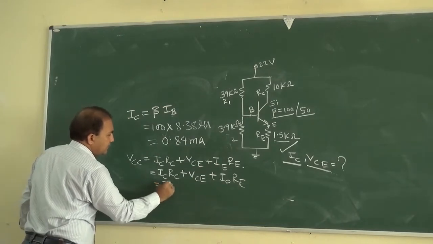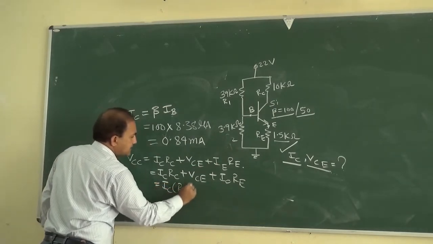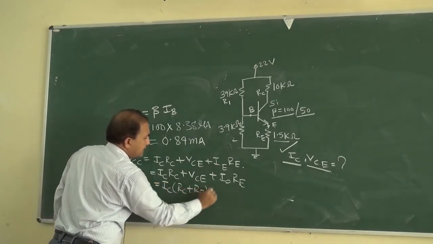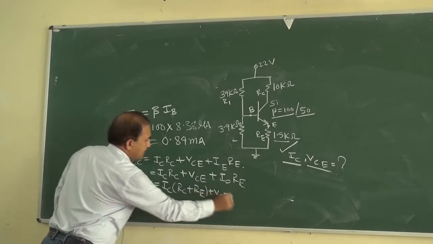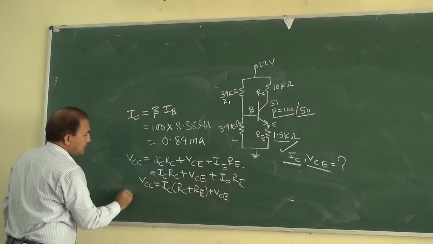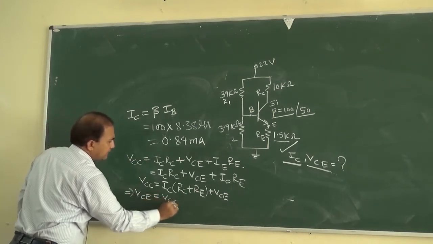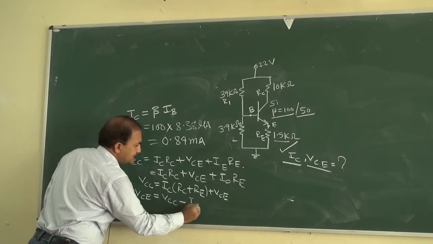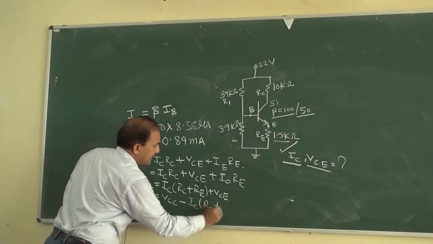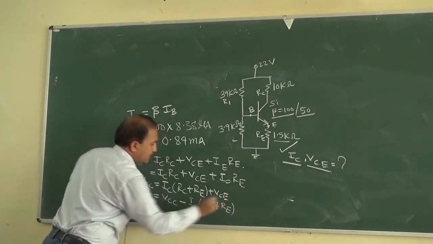So it is equal to IC times (RC plus RE) plus VCE. From this we can get VCE is equal to VCC minus IC multiplied with (RC plus RE).